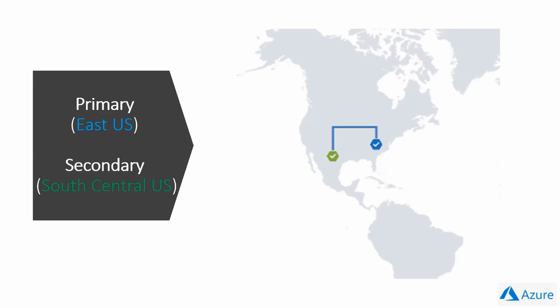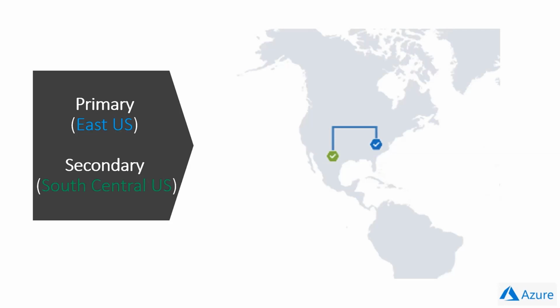In addition to that, it can be used also for database migration. You can use active geo replication to migrate a database from one server to another, and you can do this online with minimum downtime. So if you want to do a migration and you cannot have a lot of downtime, very minimum, you can use geo replication to do that.